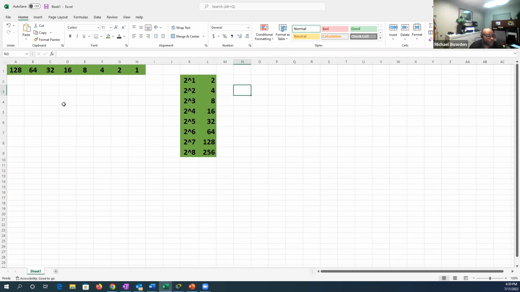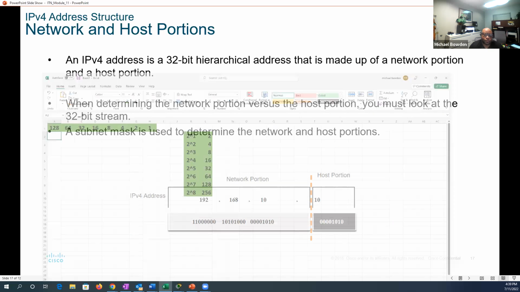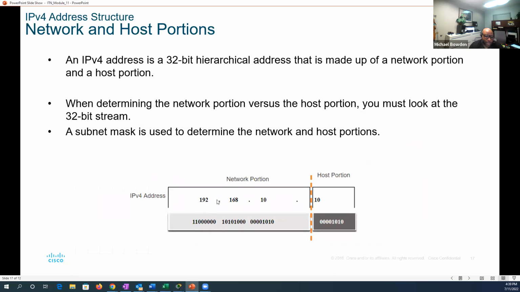For each octet, the first bit has a value of 128, the second bit 64, then 32, 16, 8, 4, 2, and 1. So when we come up with 192, we had a 1 in the 128 place and a 1 in the 64 place, which added together gives us 192.